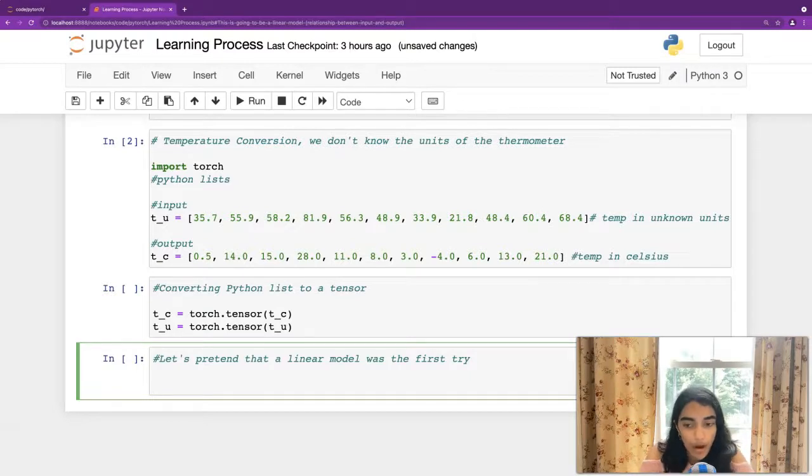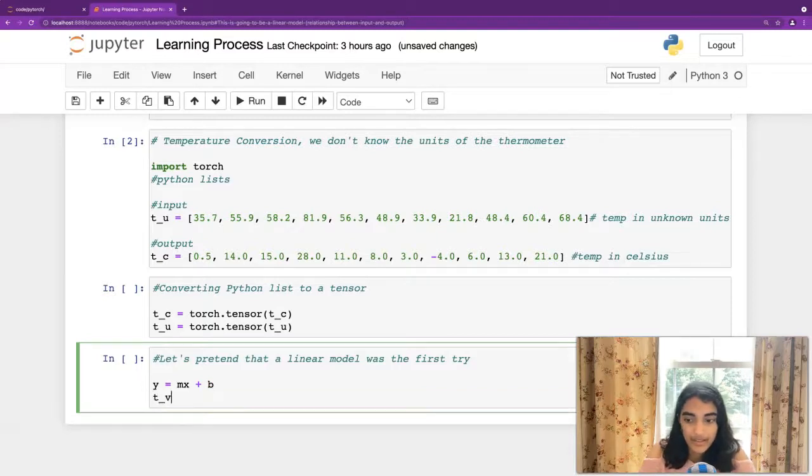Well, a linear model or a linear representation of data comes in this format. We have an output that we want to predict. We have an input, which is multiplied by a value which we call the slope, because that's how steep our line is, and we add a y-intercept. So we have our TC as the output.